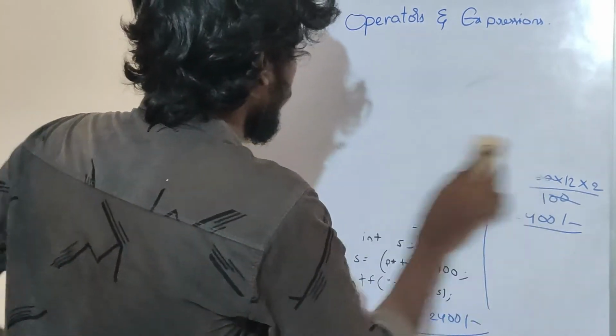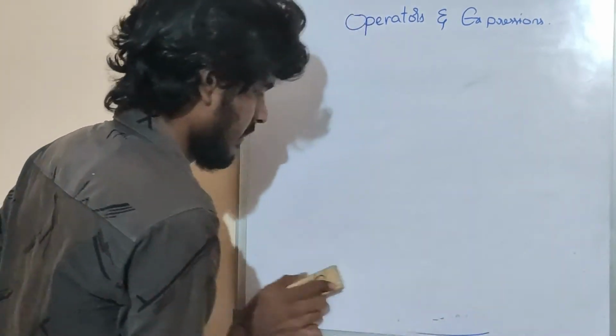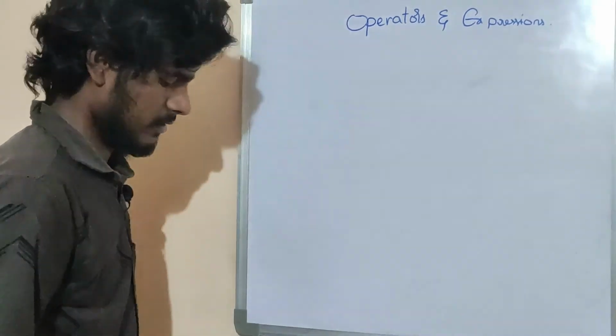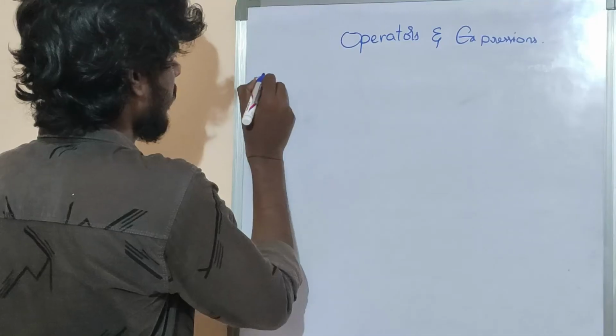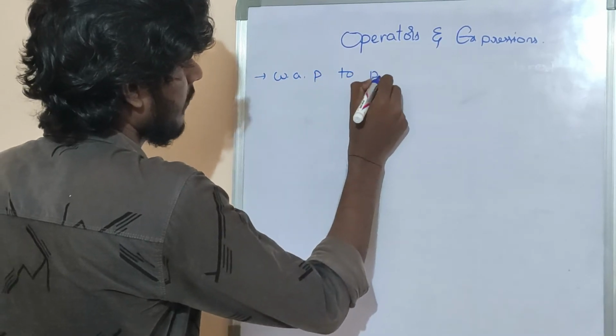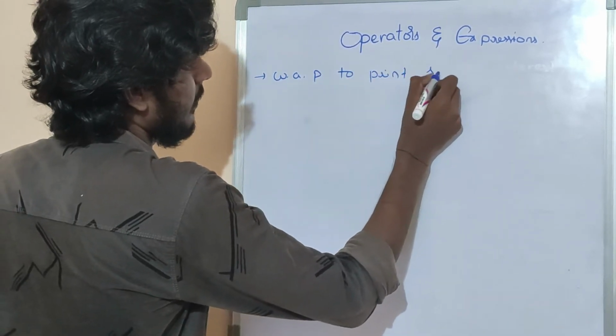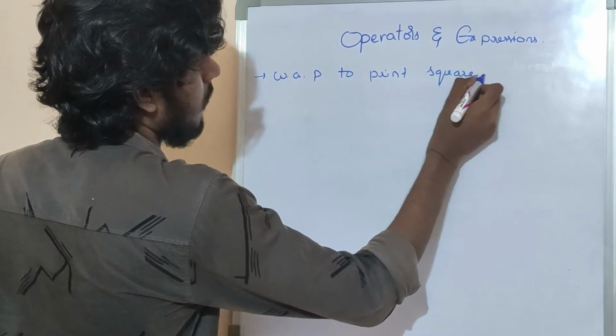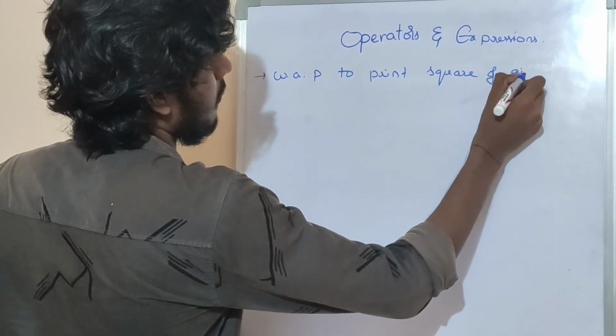The next basic program is, write a program to print the square of a given number.